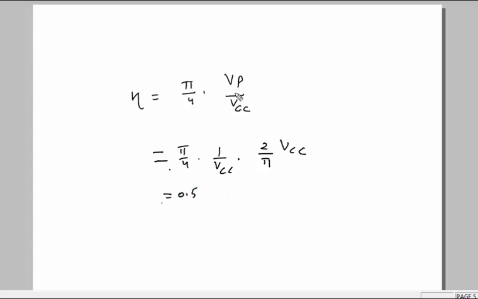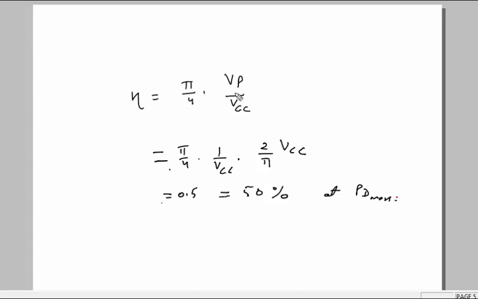Okay, it means 0.5 or 50%, and this is at PD max. So the efficiency is 78.5% maximum, but the efficiency at the point of maximum power dissipation is 50%. Still better than the class A amplifier.